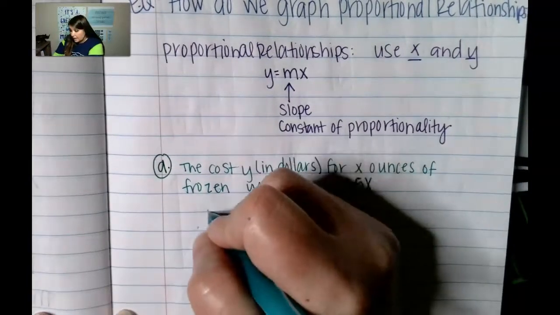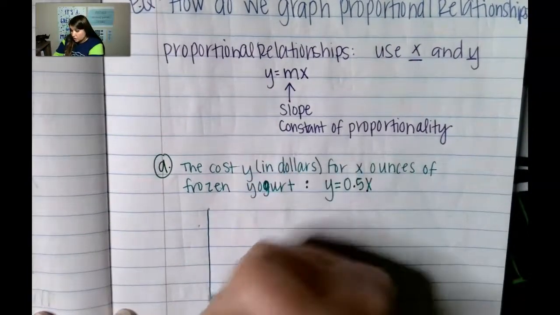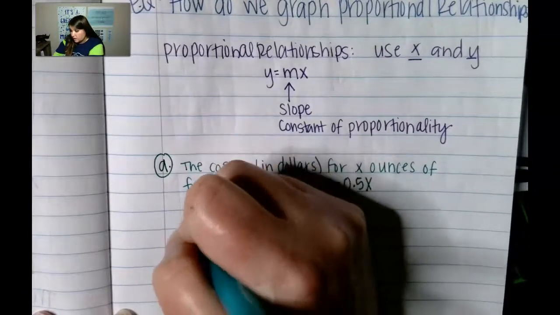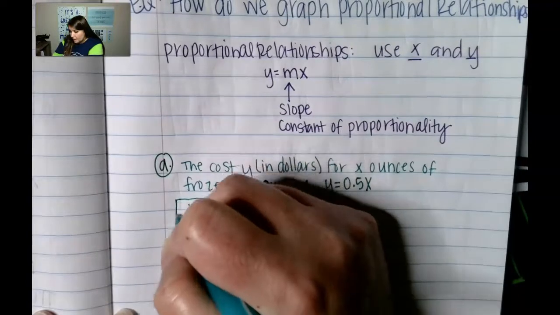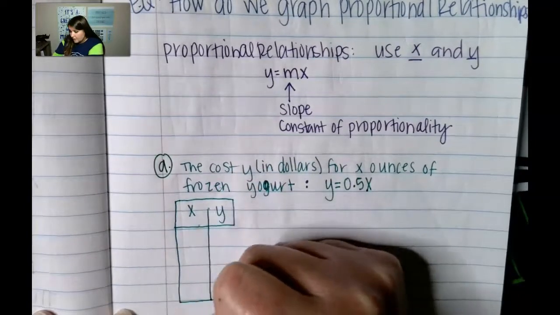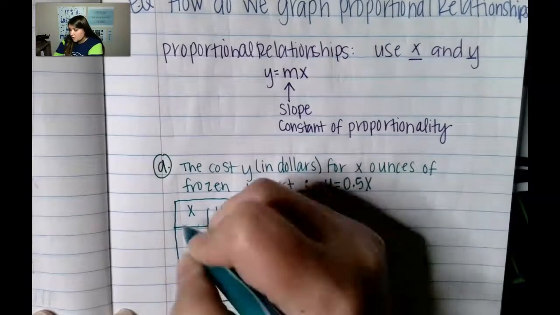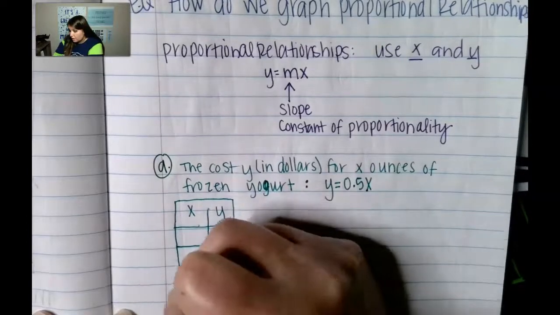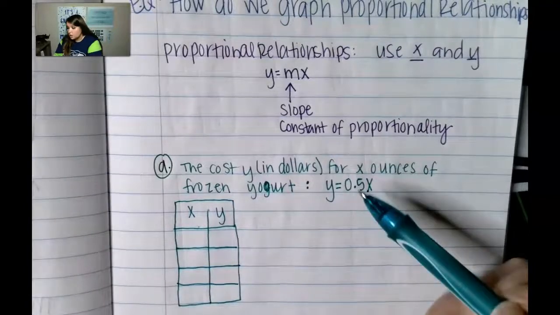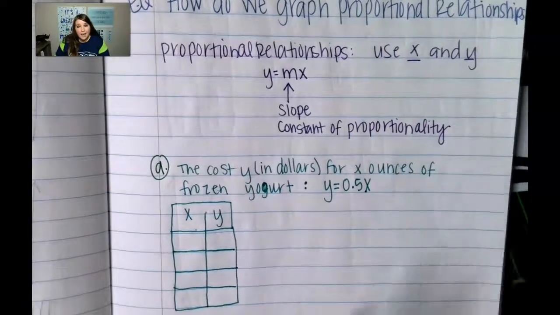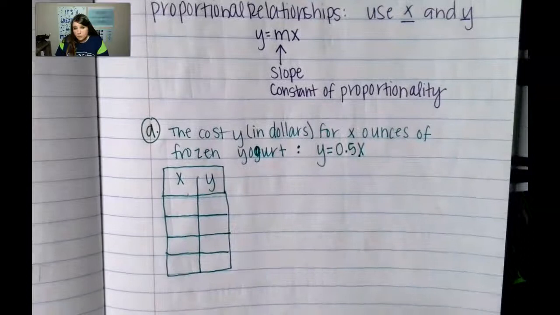So we're going to go ahead and make a ratio table. Here's our x values, here's our y values. And in our table, we're going to start with if I were to have 0 ounces of frozen yogurt.